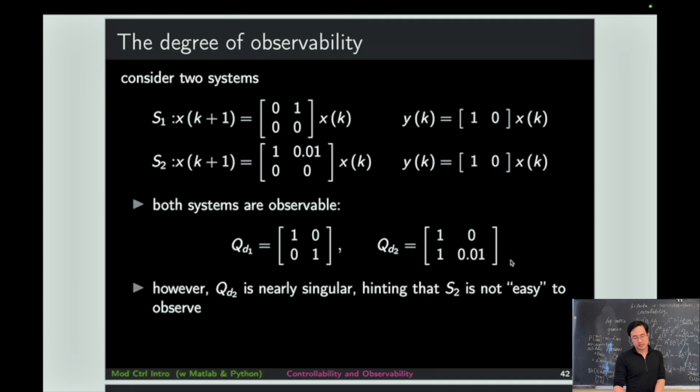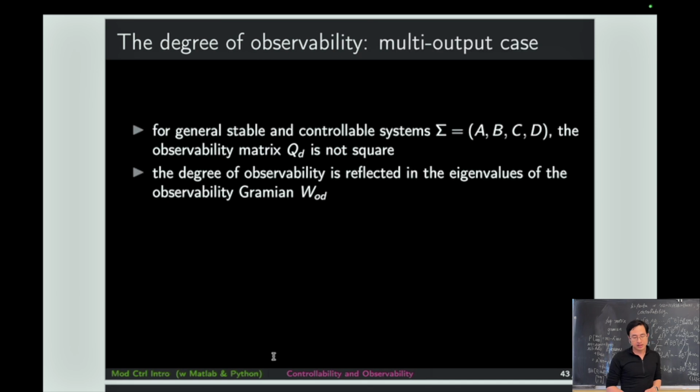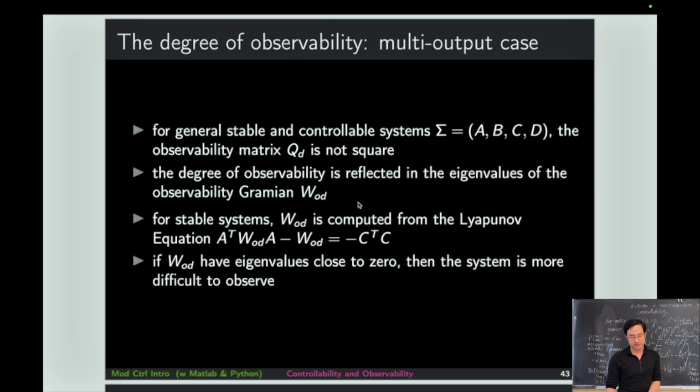For these two systems, you can conclude similarly that S2 is not easy to observe compared to S1. And for the general case, again, the Gramian will be important. The observability Gramian can tell you a lot about the degree of observability. If the system is stable, you can again solve this from the Lyapunov equation. And if it is almost singular, if some of the eigenvalues are close to 0, then the system is more difficult to observe.